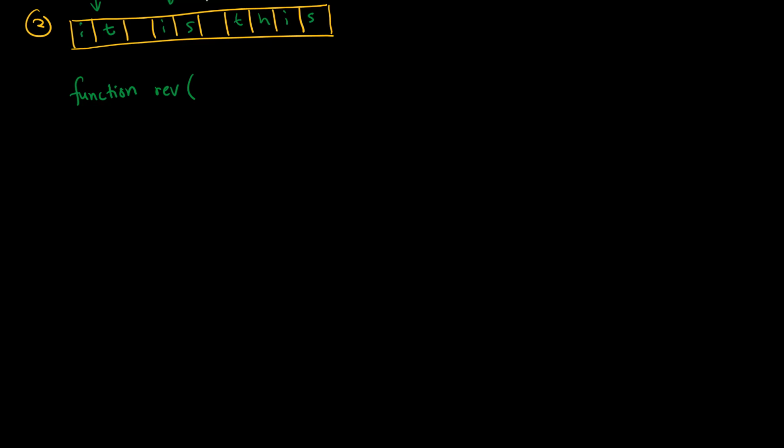Rev, array, give it a start and an end. This is what we didn't have, these two. The previous one, we've just changed that, and the rest actually remains the same.